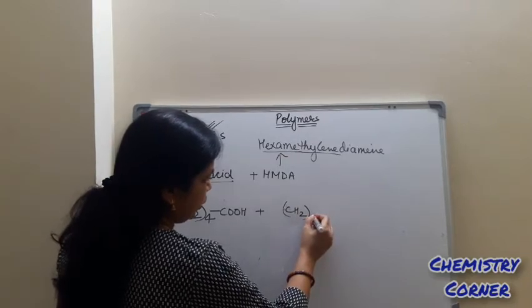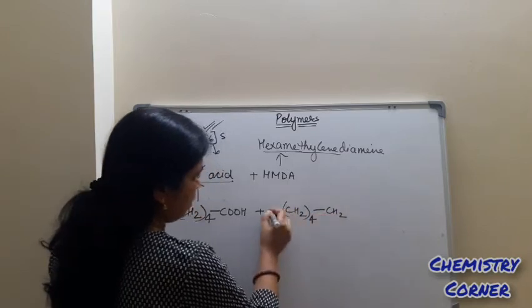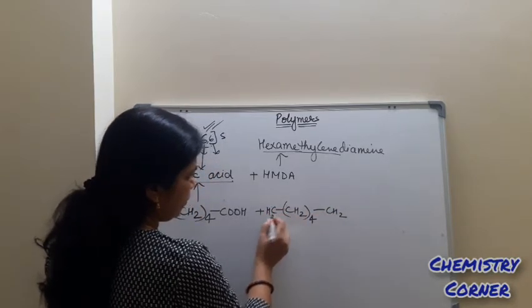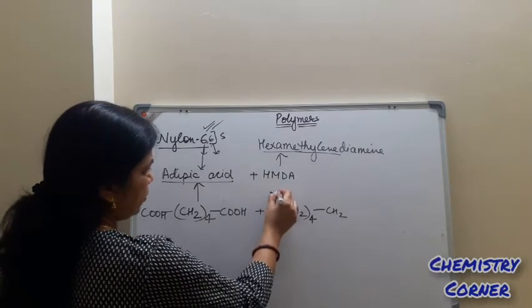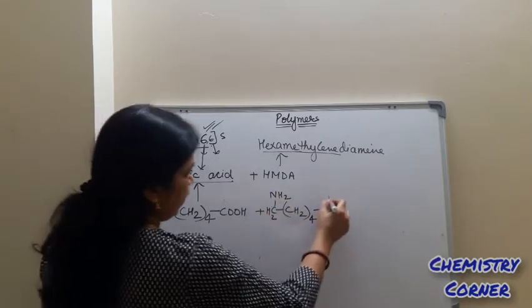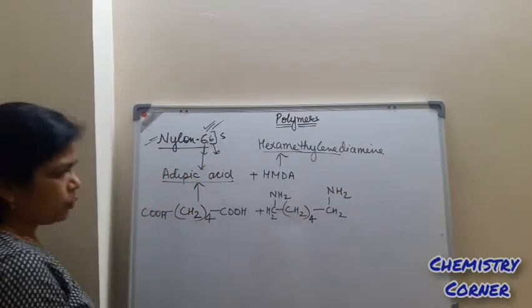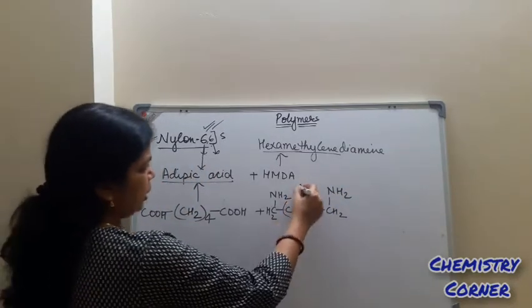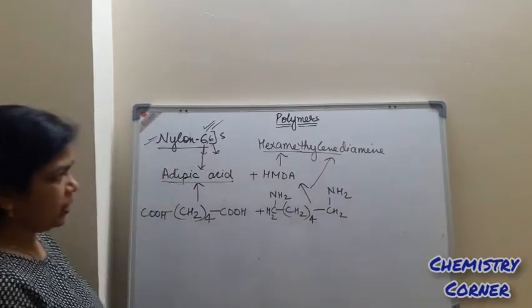So I am writing (CH2)4, then 1 CH2 this side, 1 CH2 this side. Then 2 amines will be there. So one amine at one corner and another amine at another corner. So this is called HMDA. The full form of HMDA is hexamethylene diamine.